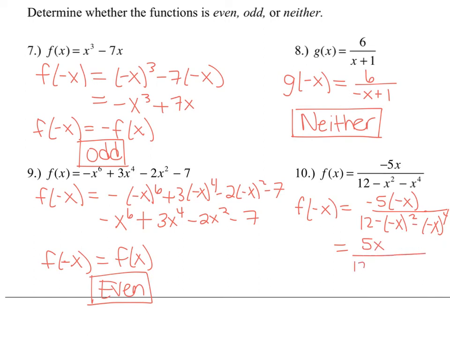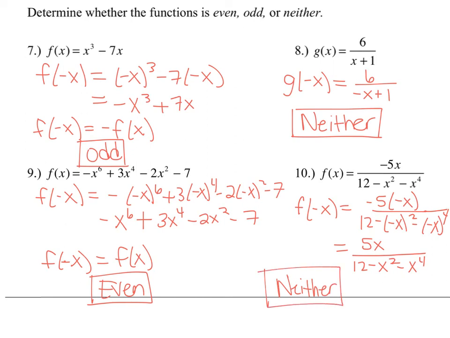In the bottom, we have 12 minus negative x squared would come out positive, minus negative x to the fourth power would also come out positive. And so we see the denominator stayed the same, but the top flipped. So that's another case of neither, because everything didn't change or everything didn't stay the same.